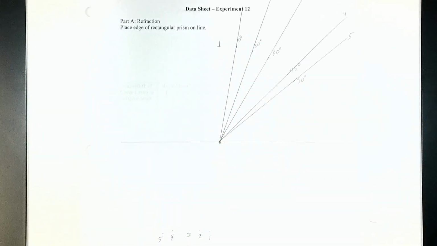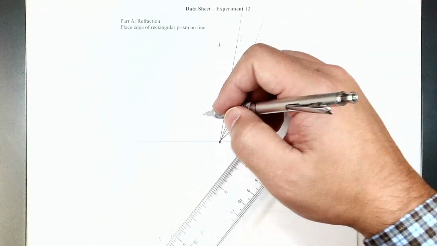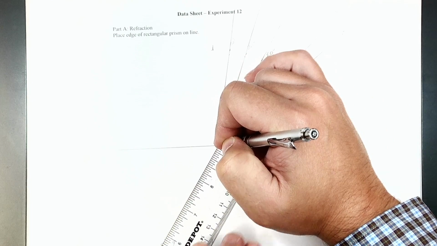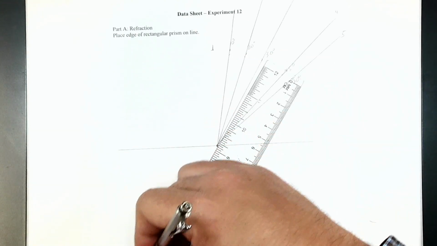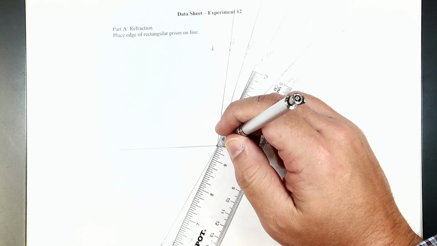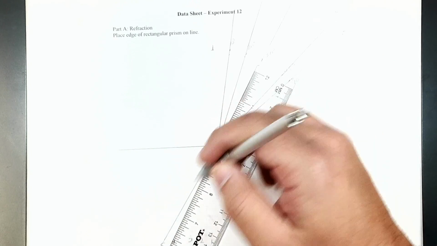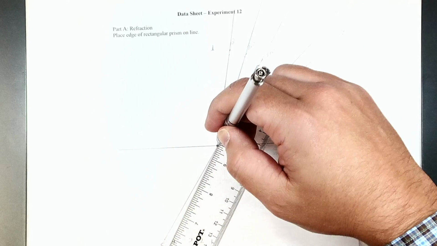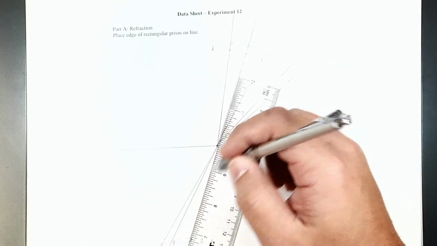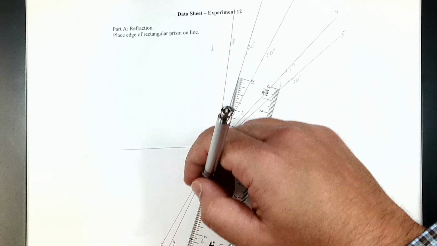So the easiest thing to do first is to place my pencil right here where I had the pin marked. This way it'll be easy to tell where the line intersects with the protractor.